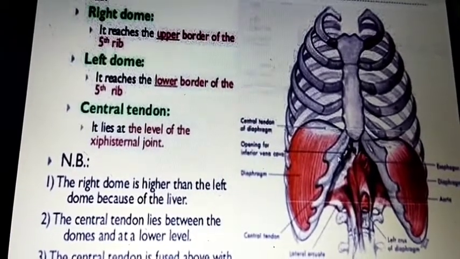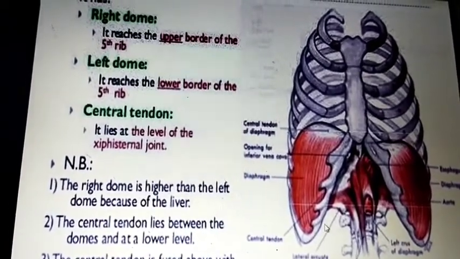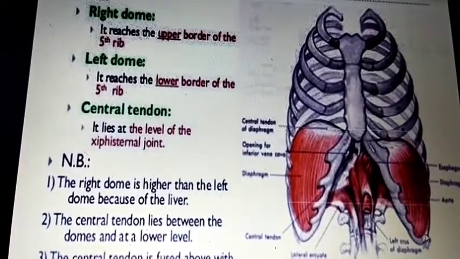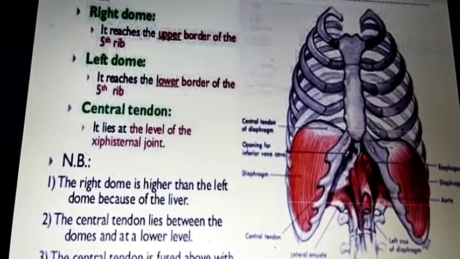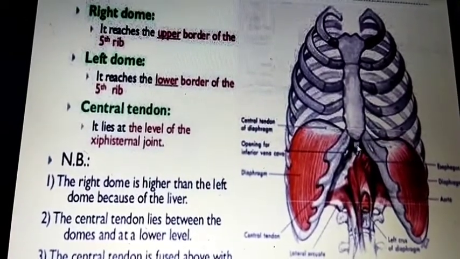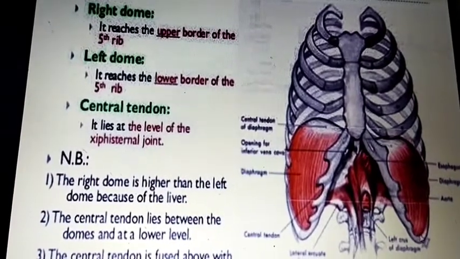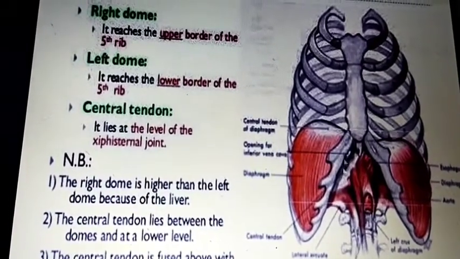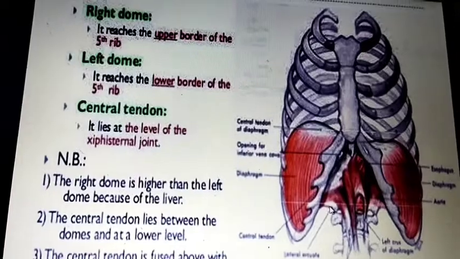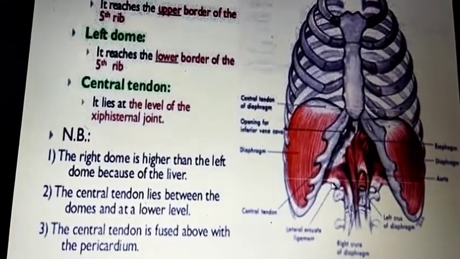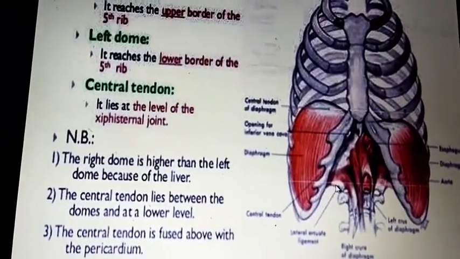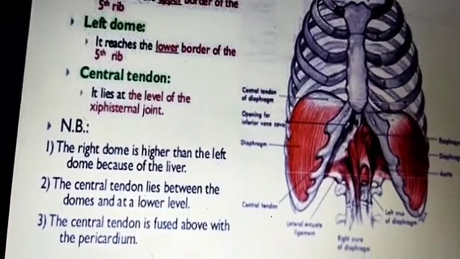I already explained the structure of the eagle. In that, this is the left wing, this is the right wing, and this is the central part. The central part is tendinous, and the lateral parts are muscular. Now it has the right dome, left dome, and central tendon.